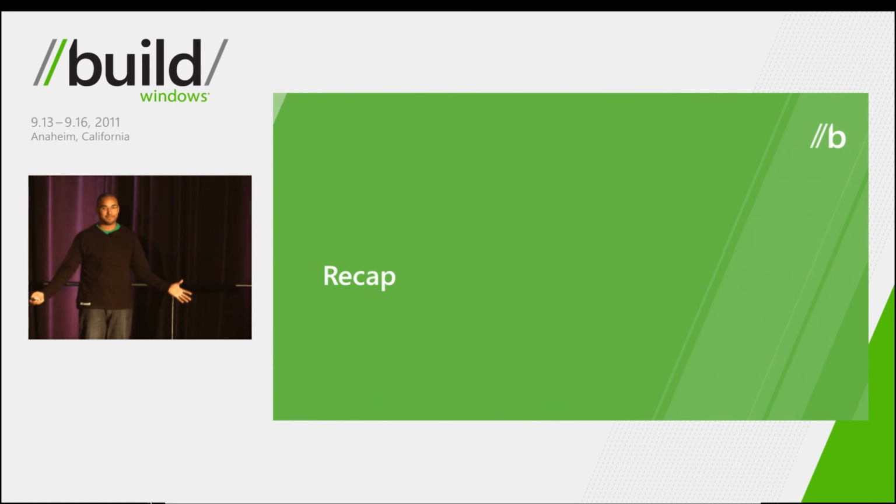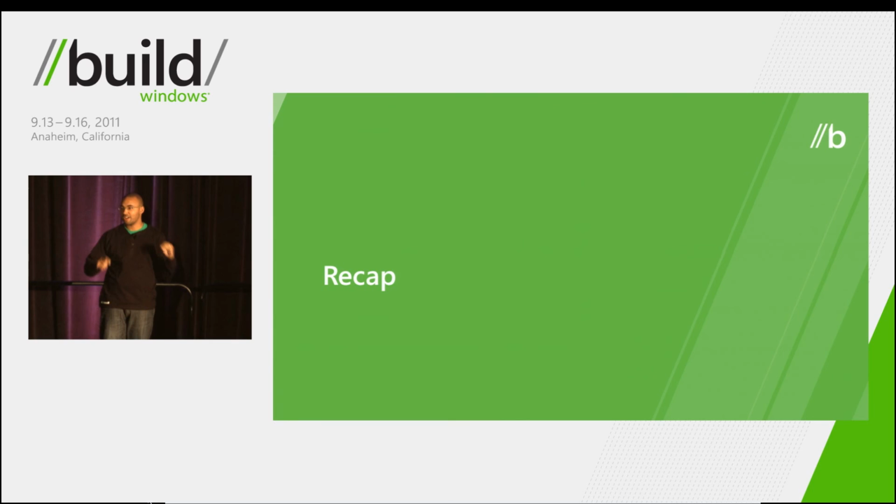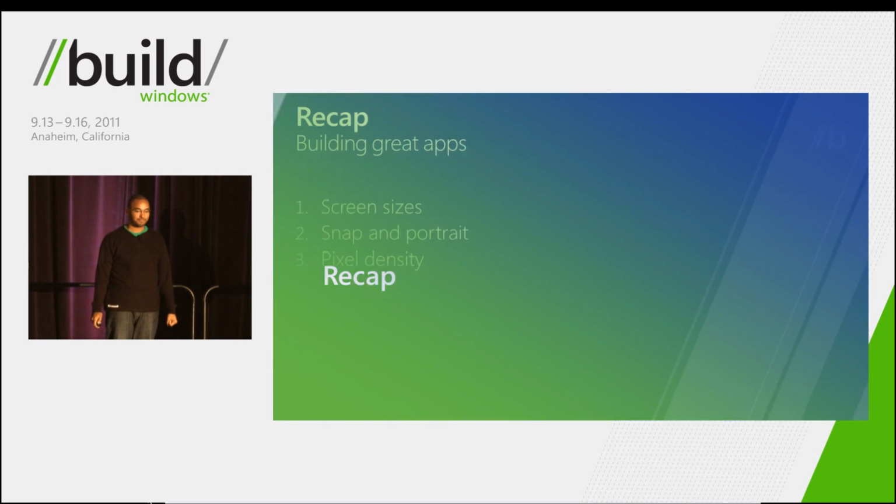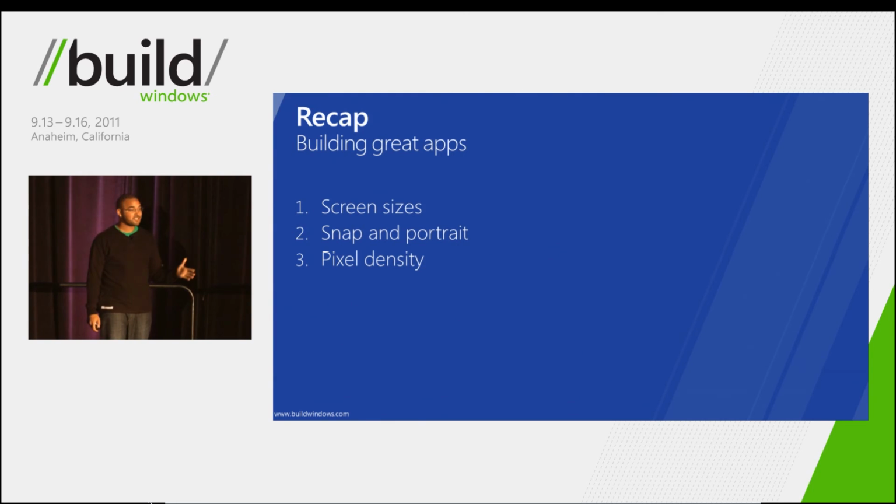So let's recap everything that we've talked about. I know we covered a lot of stuff, but let's recap what we've talked through. First, I started off by talking about the user experience on different screen sizes. And as the screen size changes or the aspect ratio changes, your application still has the opportunity to use every pixel of the screen and continue to be as immersive as possible.